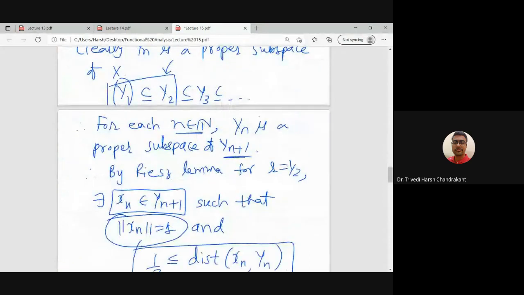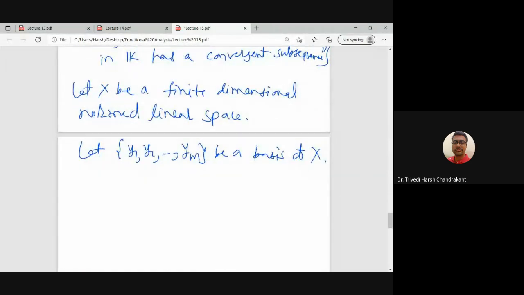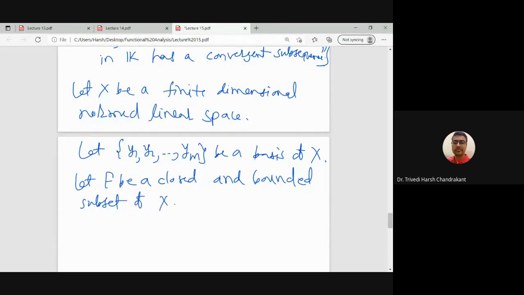So let us start with a closed and bounded subset. Let E be a closed and bounded subset of X. To prove E is compact, we will show that every sequence has a convergent subsequence. Every sequence in E, so E is already bounded.